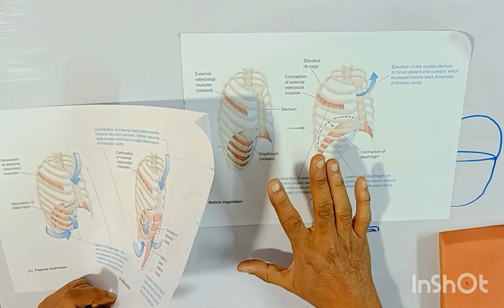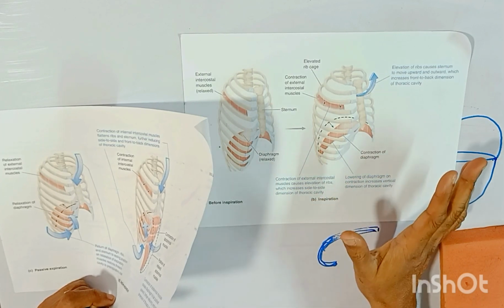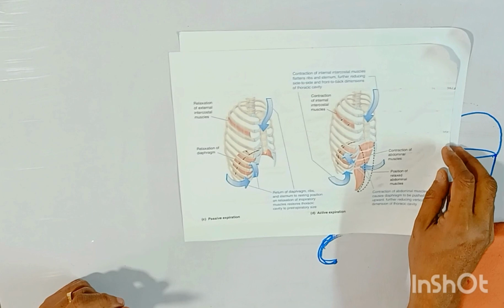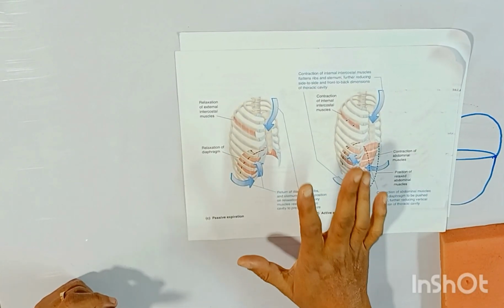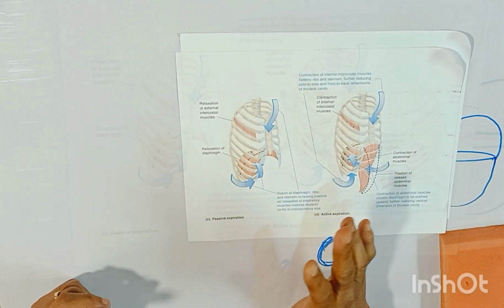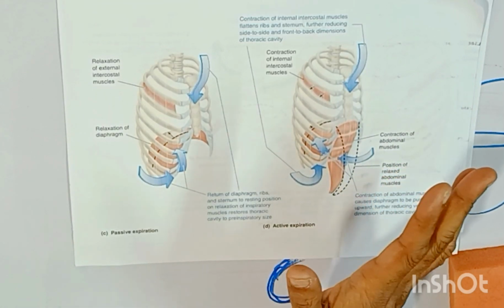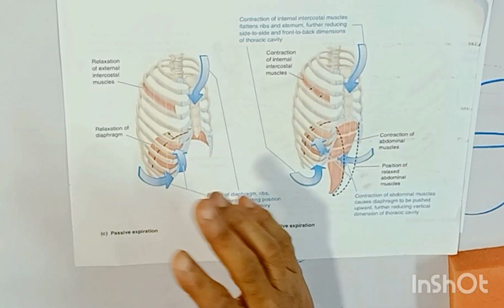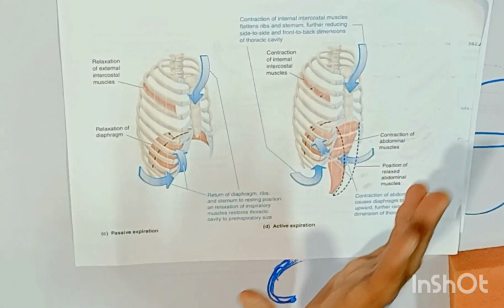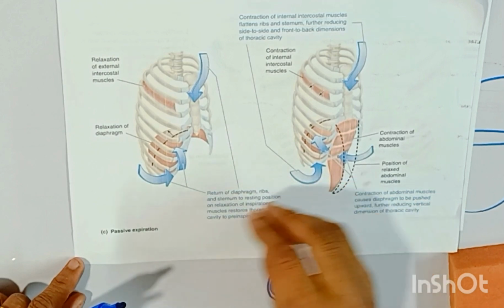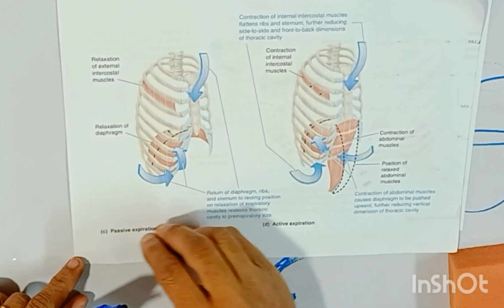But for expiration, during a quiet expiration there is a different thing. When there is an active respiration, there is a different thing. So for expiration, you have to follow these two diagrams.